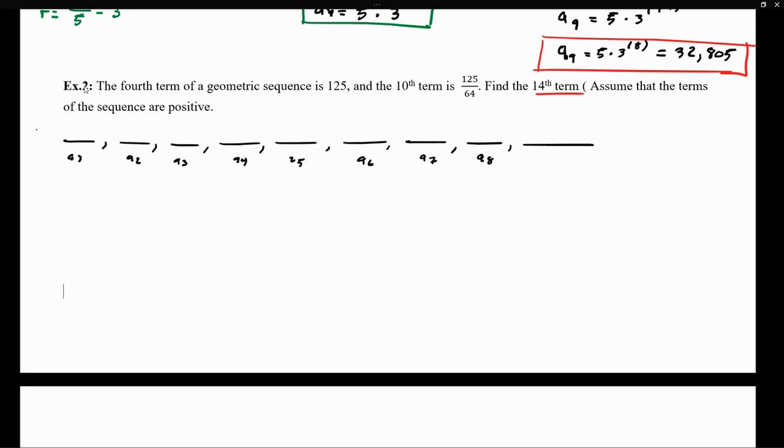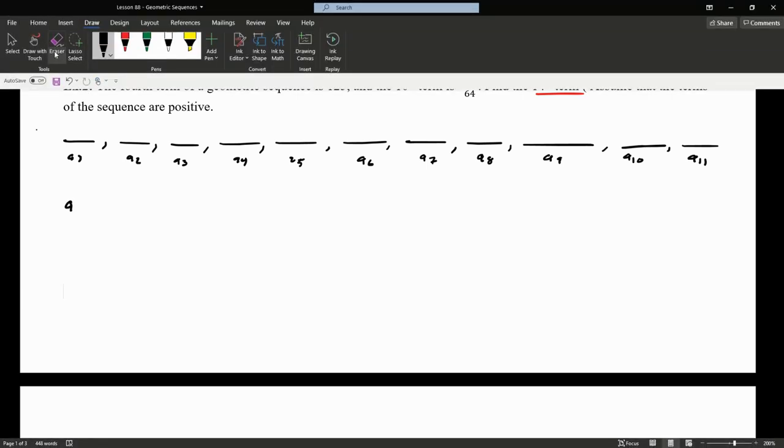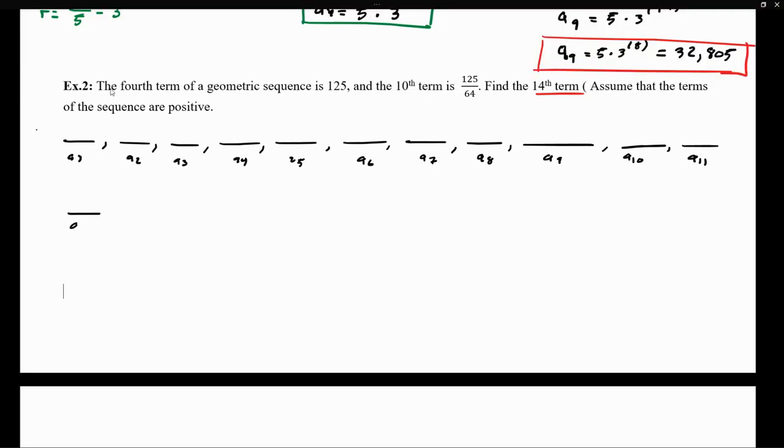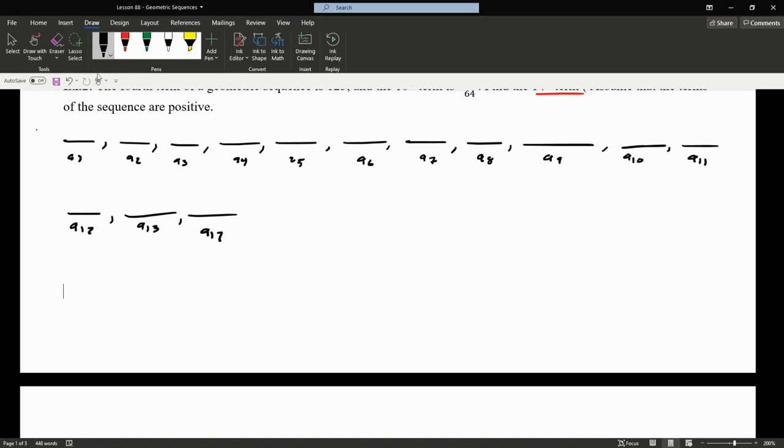I guess we're missing some. So the 9th term, 10, 11, and we're going to go all the way to 14. Here we can place the 12, here the 13, here the 14. Okay, so we've got a sequence, and I'm just putting placeholders.